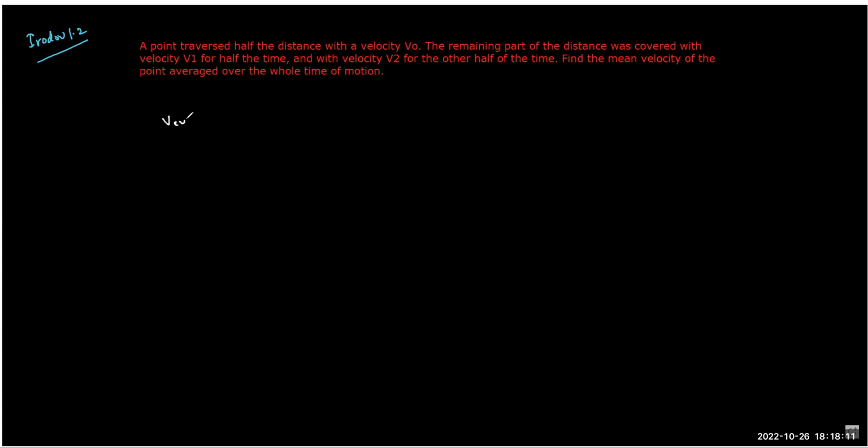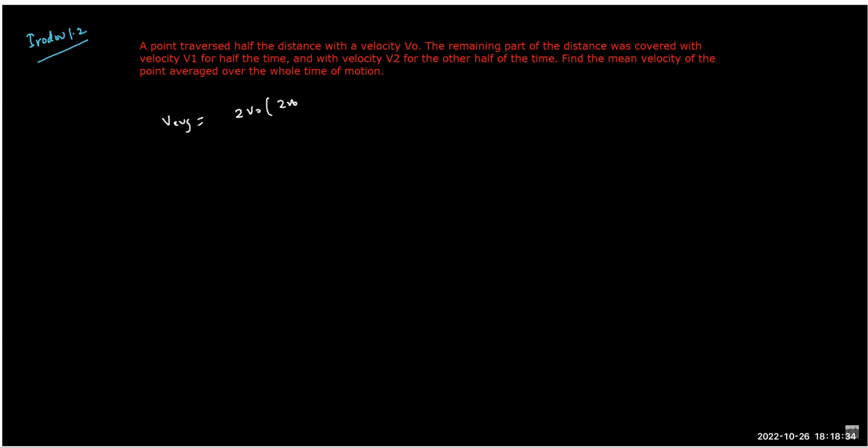So what is the average value? What are you getting? Tell me, Siddhant. Sir, I got the answer as 2V0 into 2V1 plus V2 divided by 2V1 plus 2V2 plus 2V0. Okay, that's too complex. Siddhant, what's your answer?